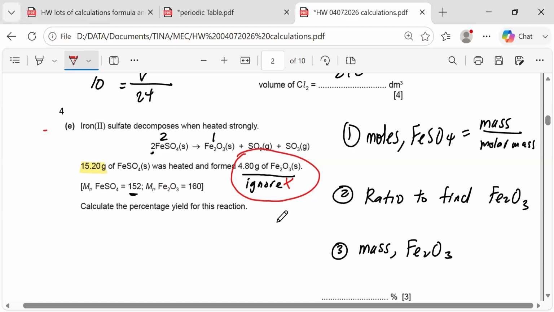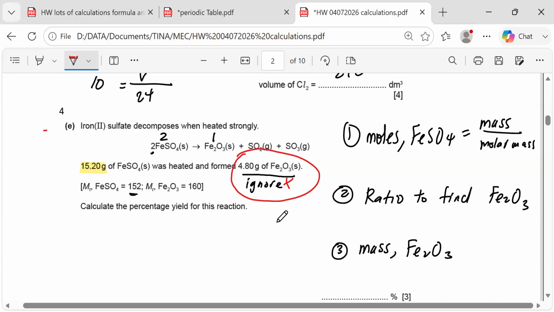1.8, not the answer. This is the moles. Find the mass. This is the moles of Fe2O3. Find the mass. Amount of moles is mass over molar mass. Do you have moles now?